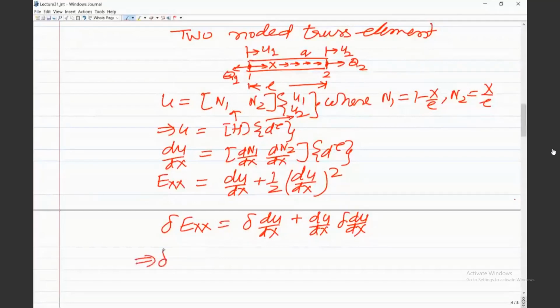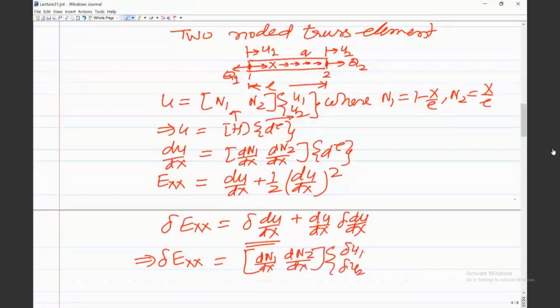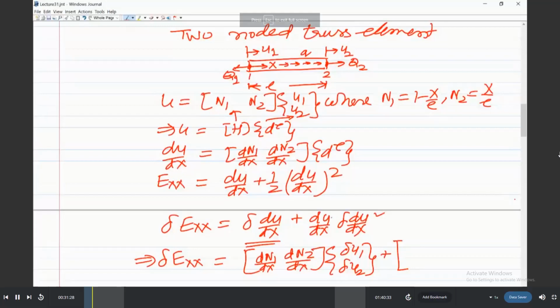Now we want to identify the B and BNL matrices. We can write delta of Exx as, first, from this term we will get B, which would be dN1 by dx, dN2 by dx, into delta u1, delta u2. Plus the second term: this is delta du by dx, which we write in terms of N1 delta u1 plus N2 delta u2, and this du by dx we keep as it is, as a multiplying term.